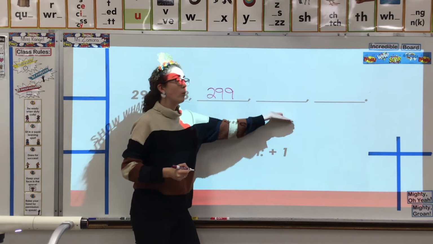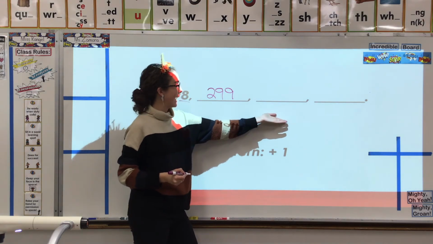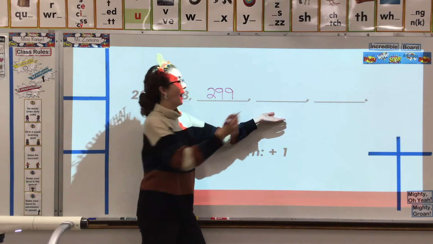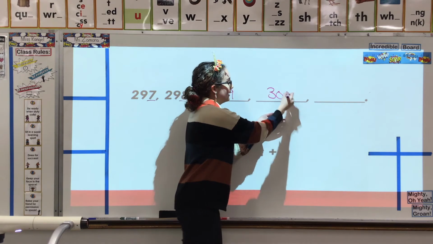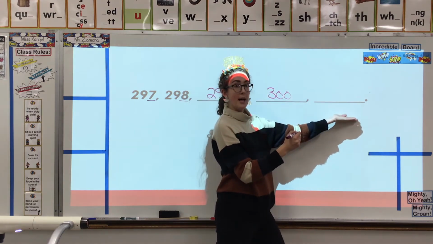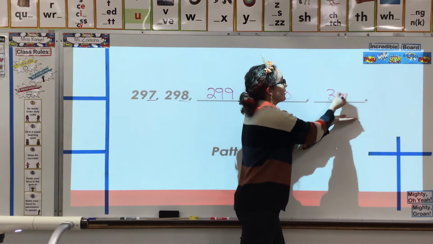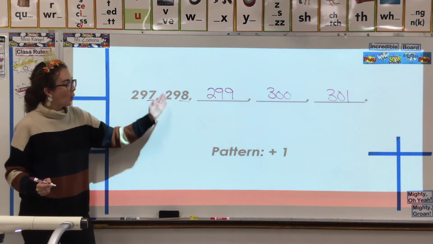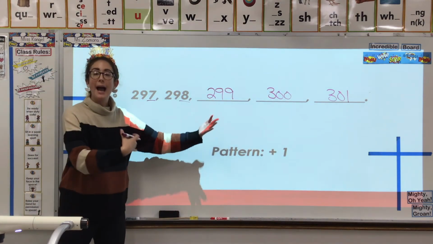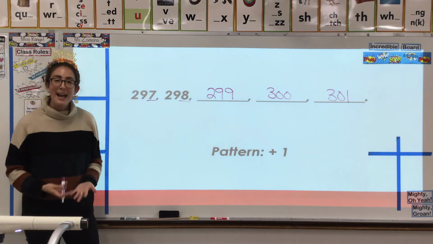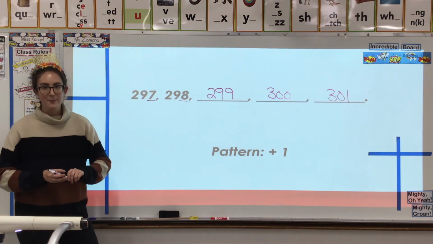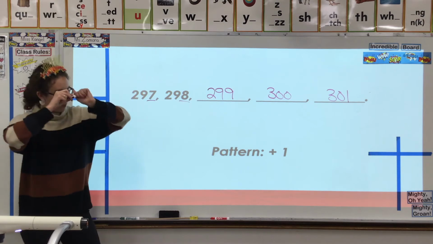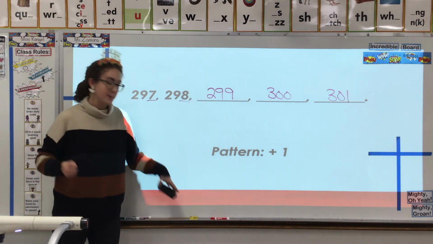If we add one more, second grade, what will we get? 300. Add another one. 301. Exactly. Good job. We can see that our pattern continued by adding one each time. Woo, woo. Look at all of that awesome skills.